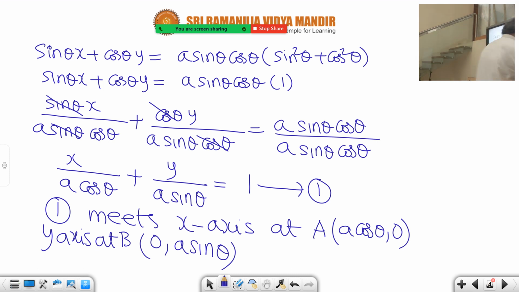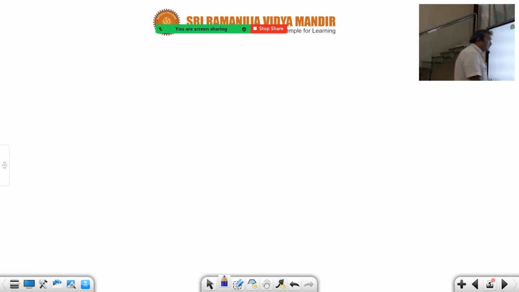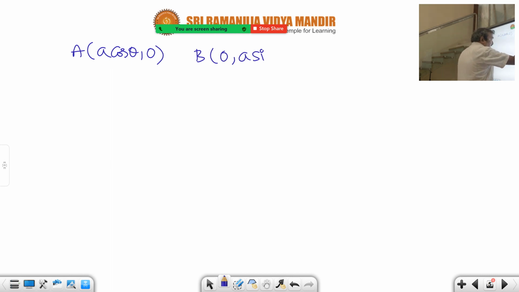And now moving to the next slide. Here it is capital A cos theta comma 0, and capital B 0 comma a sin theta, correct?